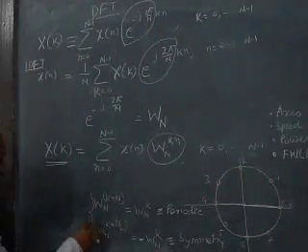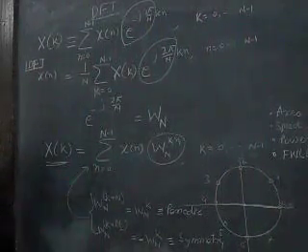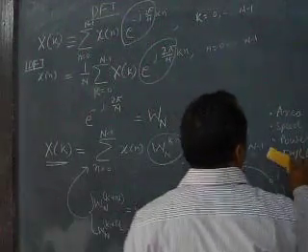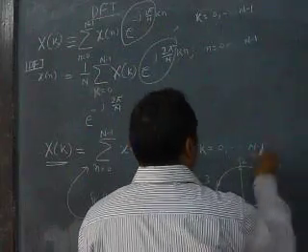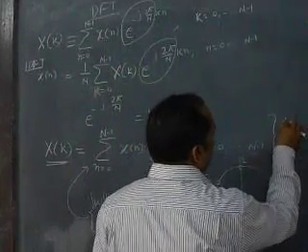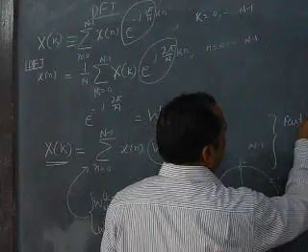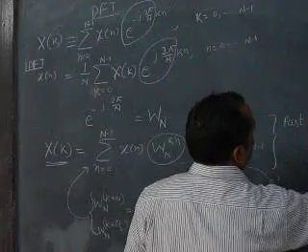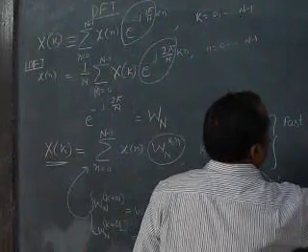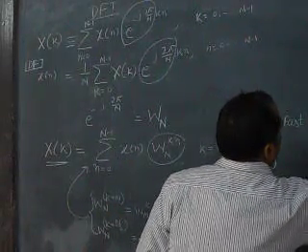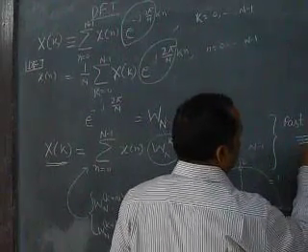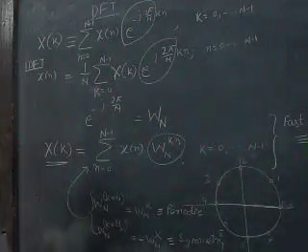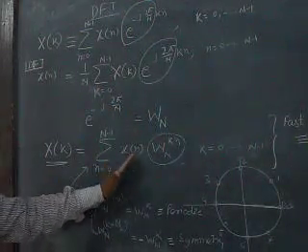So by exploiting these properties, whatever the algorithm is, it will be known as the fast computation of the DFT, and this is known as the fast Fourier transform.